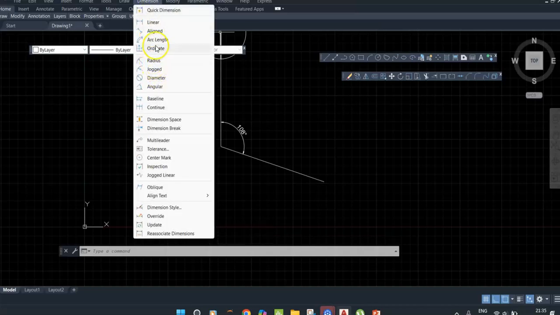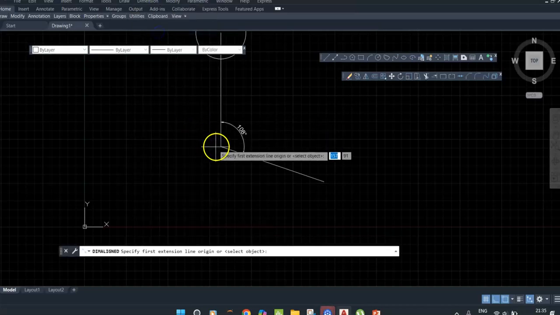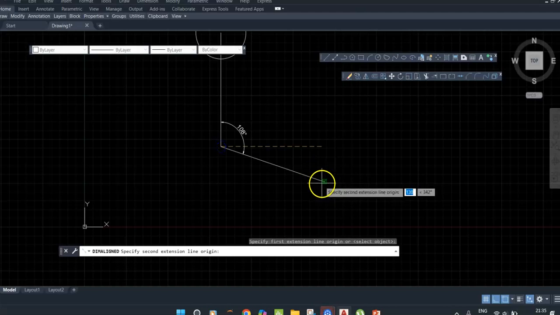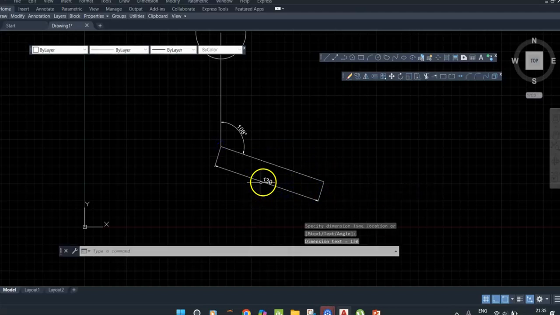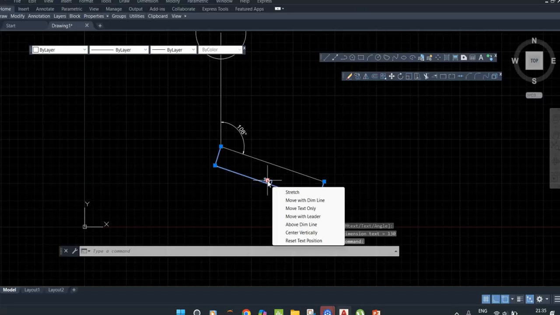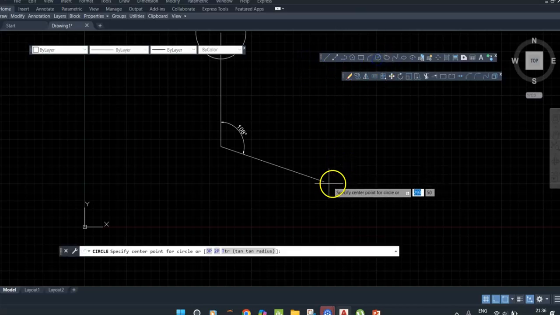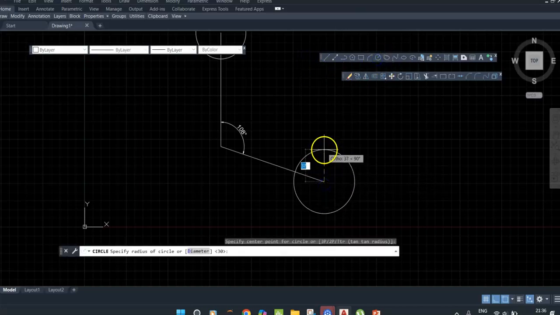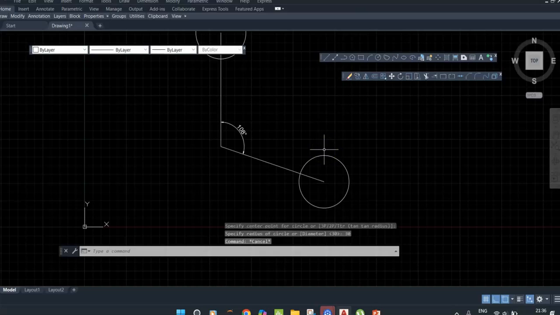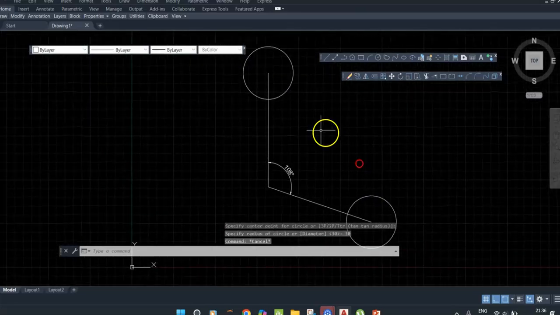Dimension, aligned dimensions from here to here, 130, right? I'm deleting that one. Circle 30.